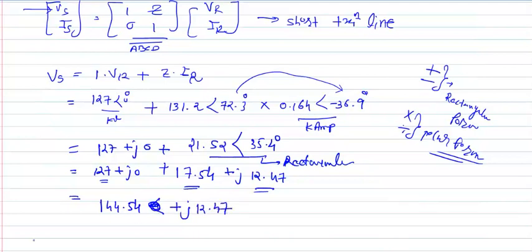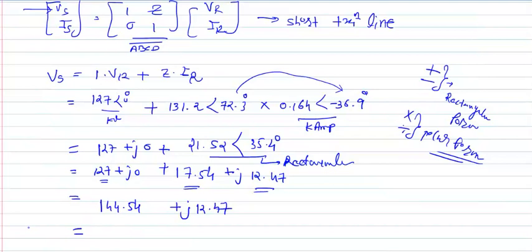Now this is the answer in rectangular form, but I need this answer in polar form. So we will calculate again. Polar of 144.54 comma 12.47.